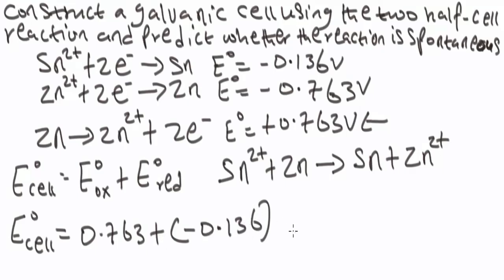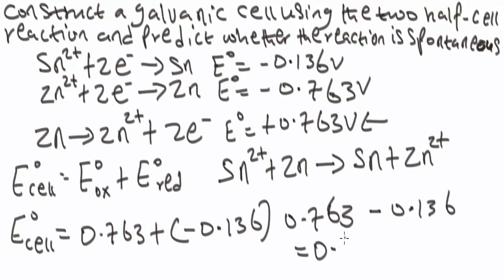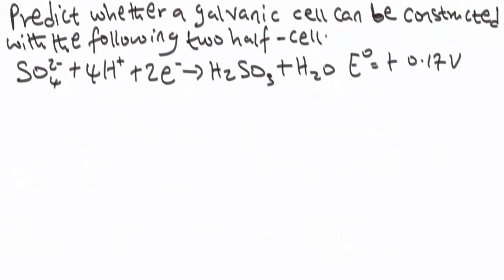So that is 0.763 minus 0.136. Let me punch it in my calculator. Okay, so I have it to be 0.627 volts. So this is the positive cell potential. It shows that this reaction is spontaneous since it's positive. Alright, let's wipe this now and solve another problem.